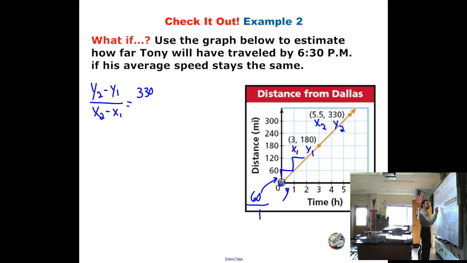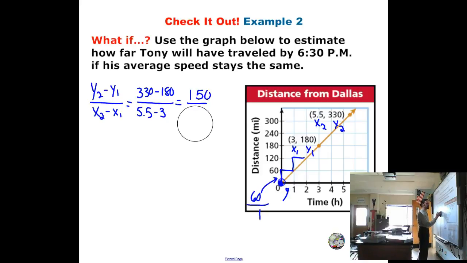But if you wanted to use the slope formula to do that, you could do it the same way. So 330 minus 180 equals 150. And 5.5 minus 3 is 2.5.